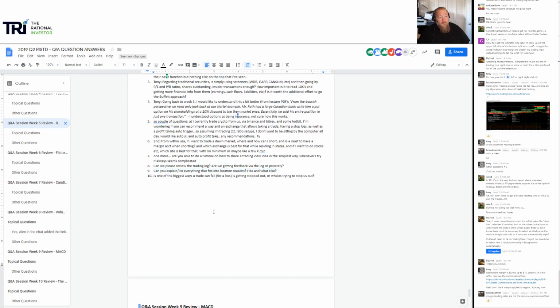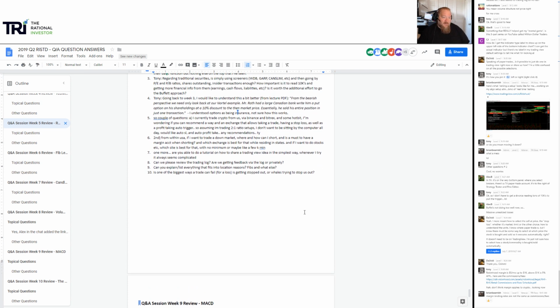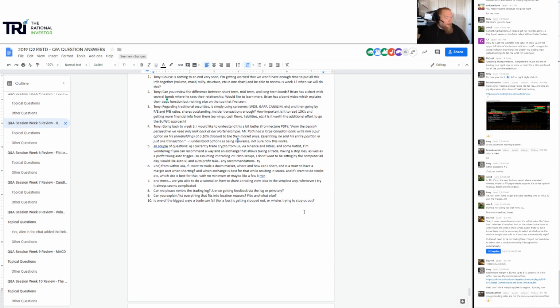Is one of the biggest ways a trade can fail for a loss is getting stopped out or whales trying to stop us out. I'm not sure why you differentiate the two. Most price movement is driven by whales or institutional investors.